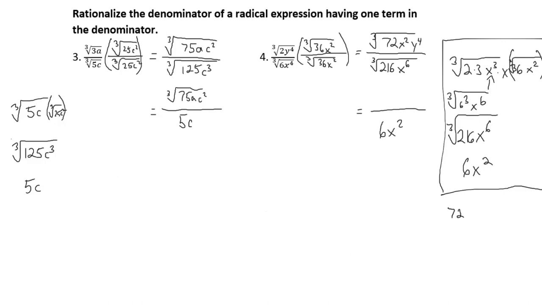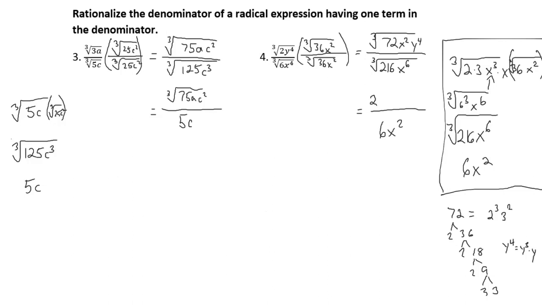So 72 is 2 and 36, 2 and 18, 2 and 9, and 3 and 3. So 72 equals 2 cubed times 3 squared. And so that 2 cubed is going to be able to be factored out. So that 2 is going to come out. And then when we look at y to the fourth, well, that's y to the third times y.